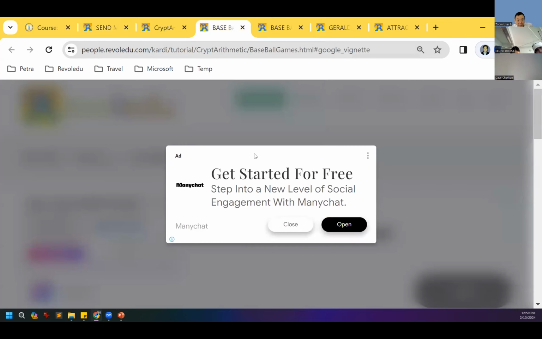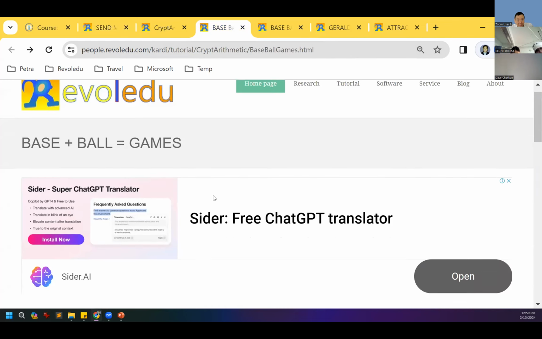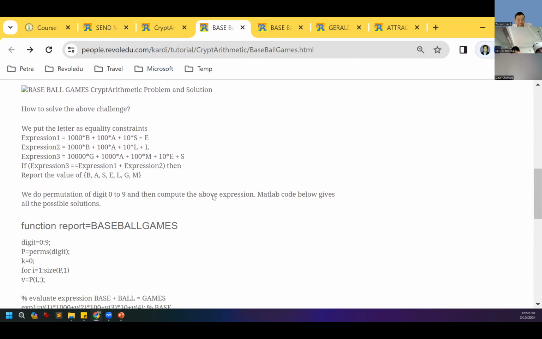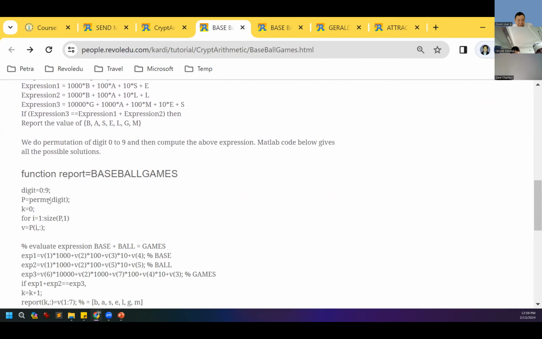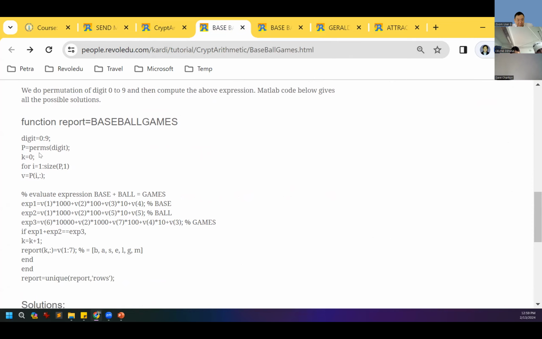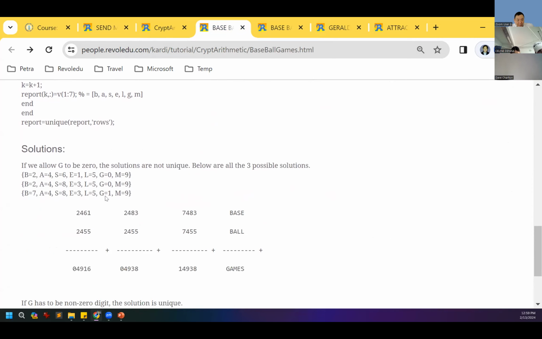So the same thing with BASE + BALL = GAMES, right? We can use the same function, okay? And these are the 3 possible solutions. The answer is not unique.